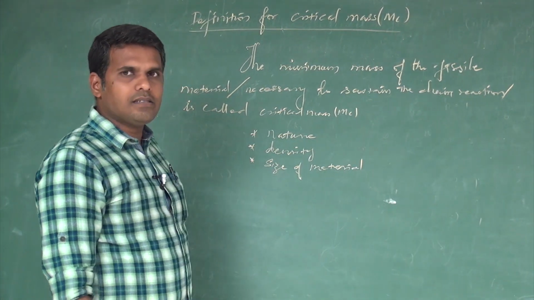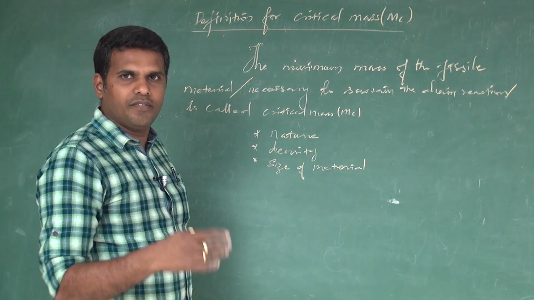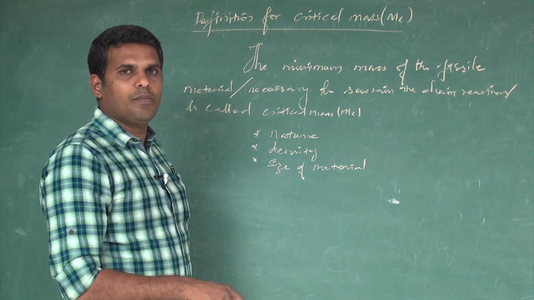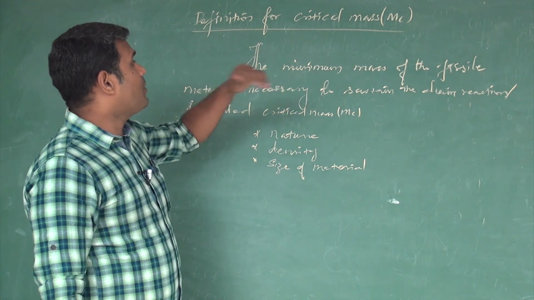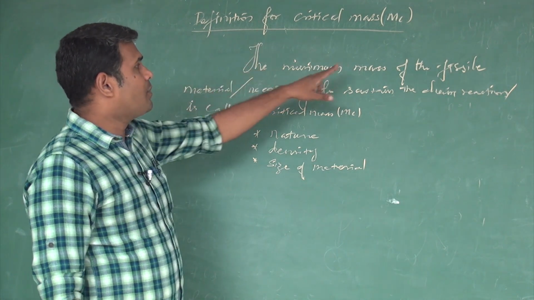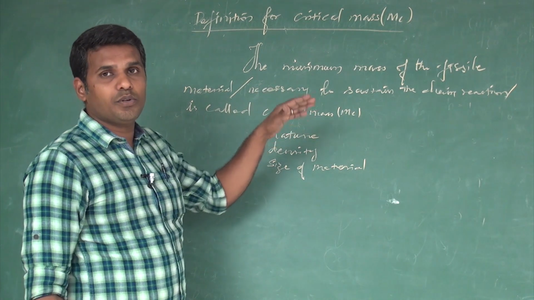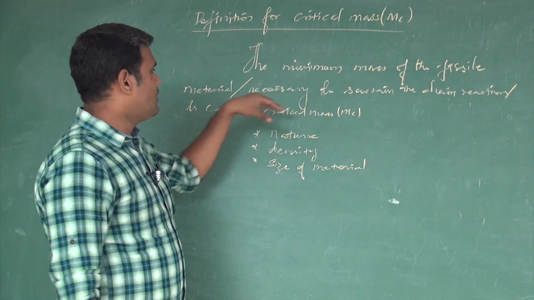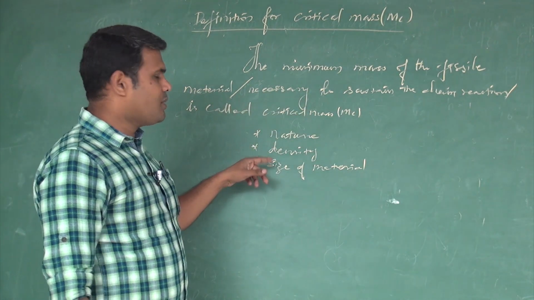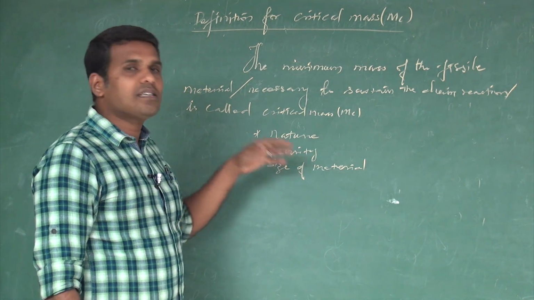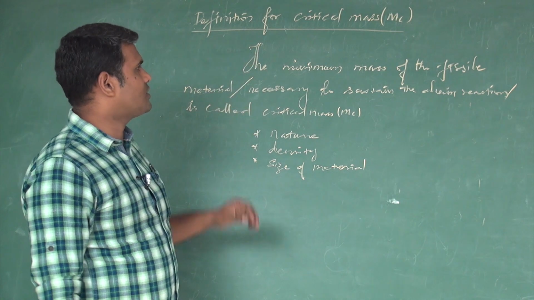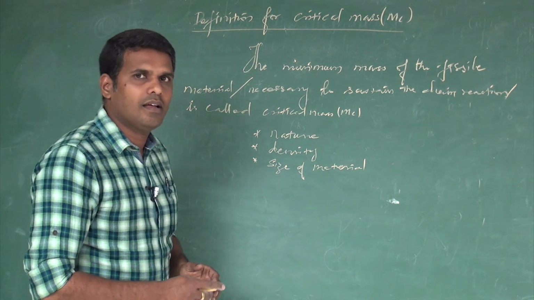So the critical mass depends upon the nature of the fissile material, density of the fissile material, and size of the fissile material. So how will you define critical mass? The minimum mass of the fissile material necessary to sustain the fission chain reaction is called the critical mass, and it depends upon the nature, density, and size of the material. So this is the definition.